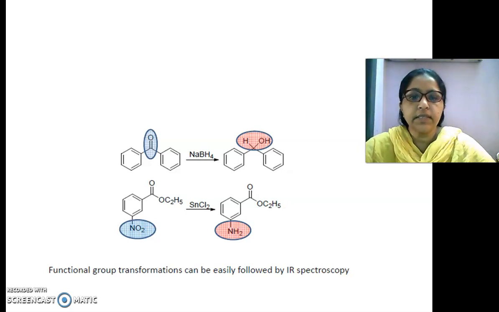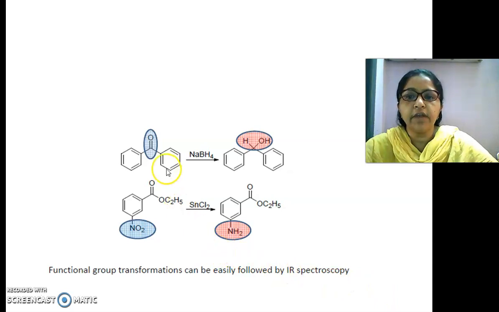By using IR spectroscopy, we can identify any functional group transformation very easily. For example, here the ketonic group has been reduced to alcohol and it has changed to CHOH. So this functional group transformation can be easily identified, and also we can identify several others.